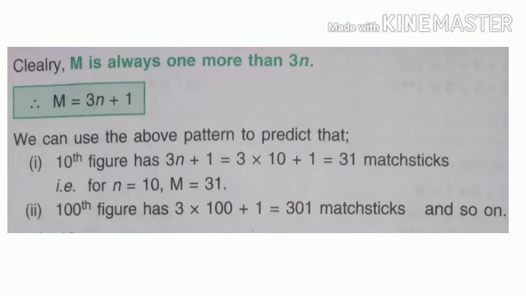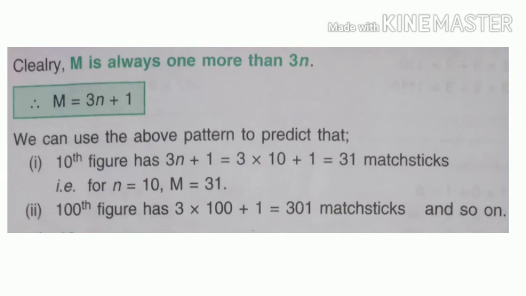Now suppose they ask us how many matchsticks the 10th figure or 100th figure needs. We need not count up to the 100th or the 10th figure. So we need to create one formula according to our table. As we know, m is the number of matchsticks needed for the figure, so m equals 3n. 3n means for every next figure we need plus 3 matchsticks.